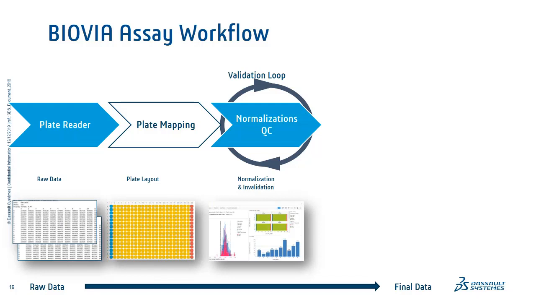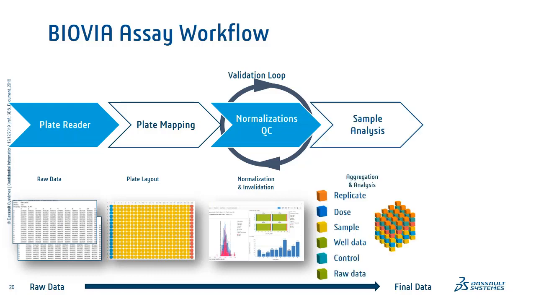At that stage, the two critical things you want to be able to tune to your specific needs are, on one end, the normalizations you're applying to the data, and on the other end, the visualizations that help the end users to perform that QC step.